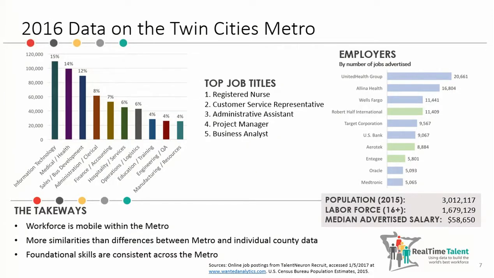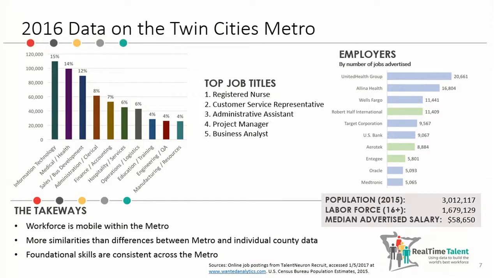Here's just an example. This is some of the very simple one-pager snapshots that we do a lot of. We also do a lot of more involved looks at what's happening in the labor market. This was calendar year 2016, and I highlight this because these kinds of things are not difficult for us to do, and employers love them.